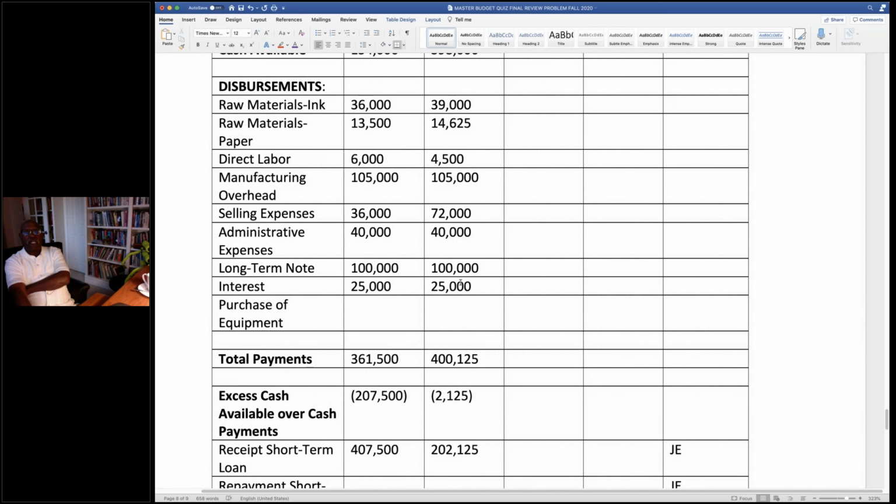Just add these 4 numbers. I got 360,125, but I don't know where I'm wrong. Oh, I know what I'm missing. Never mind.